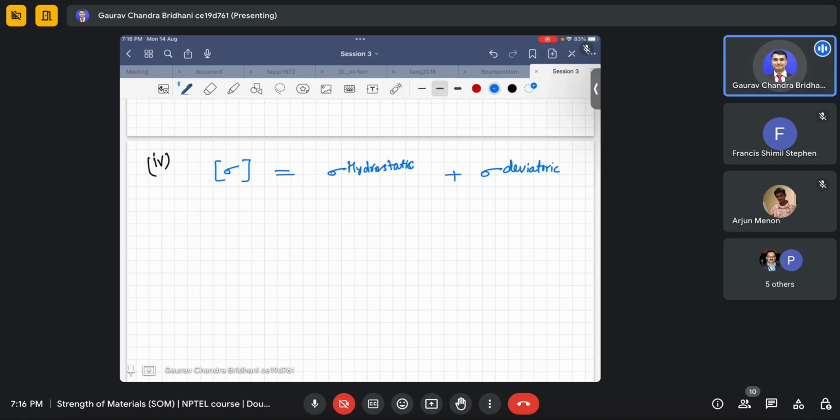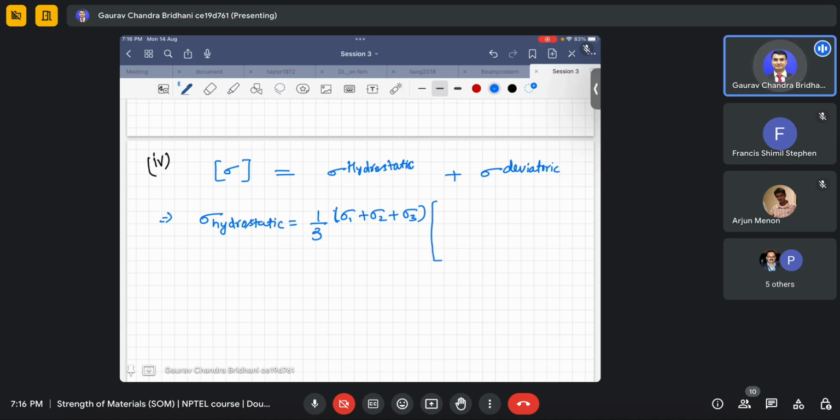Now first let's find the tensor. So the sigma hydro, or it is also sometimes called isotropic, hydrostatic is nothing but 1 by 3 of sigma 1 plus sigma 2 plus sigma 3. Okay, this is the magnitude, the value.